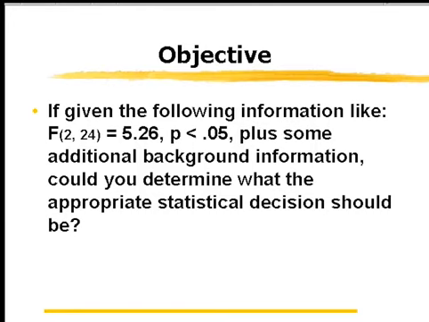And secondly, what additional information would you need in order to make that appropriate statistical decision? So take a minute and think about this particular example and decide what you would do and why you would do it, and this will help you interpret the data from the literature.